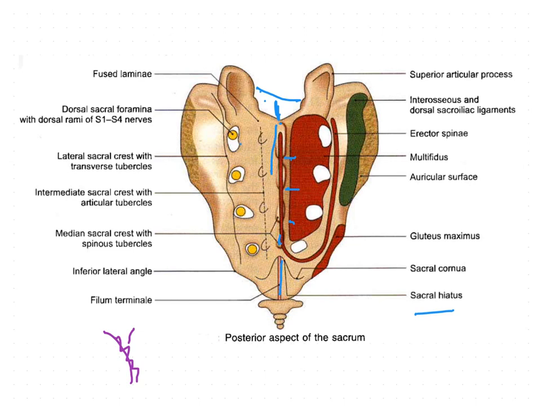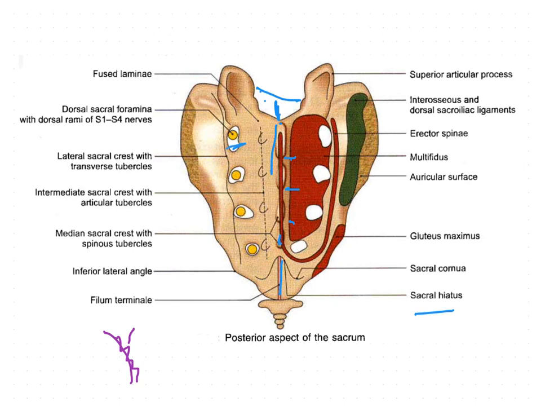Now, it represents the articular processes which are fused together. So the dorsal sacral foramen communicates with the sacral canal through the intervertebral foramina and transmits the dorsal rami of sacral nerves.